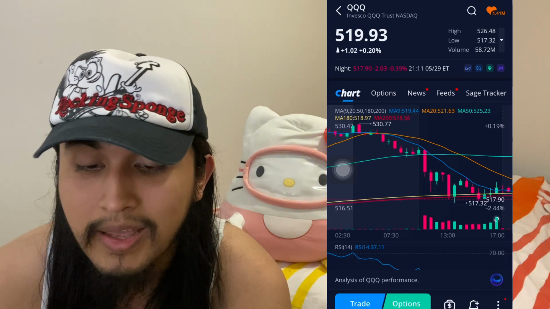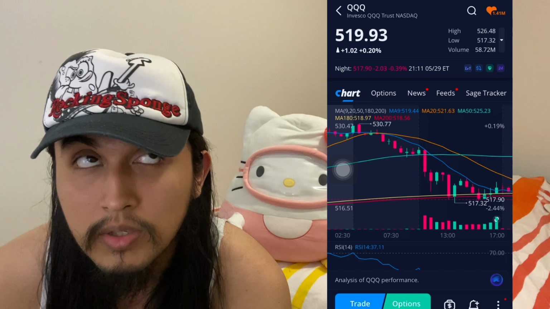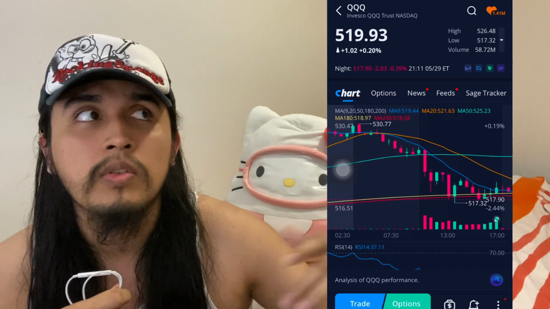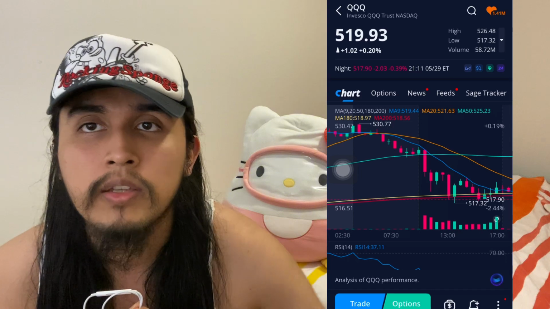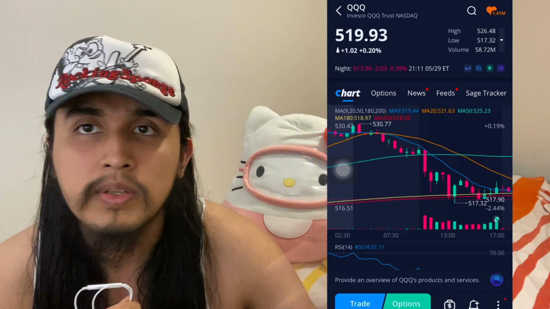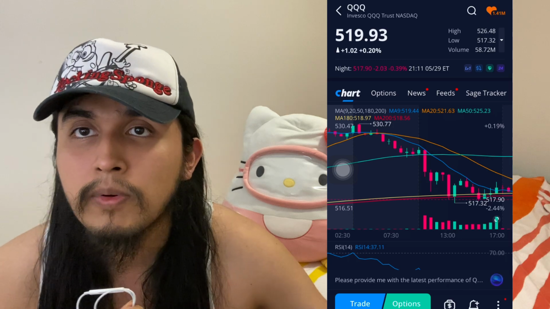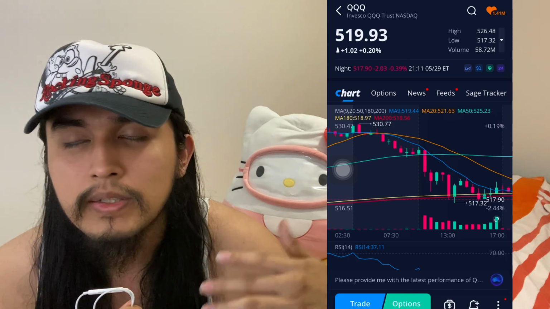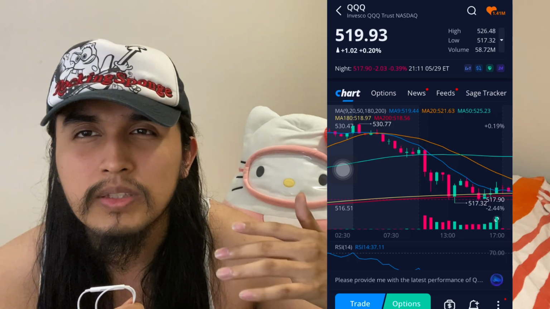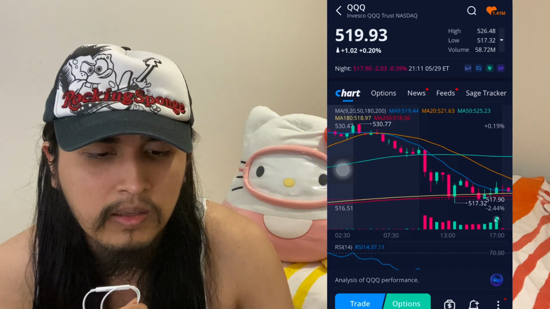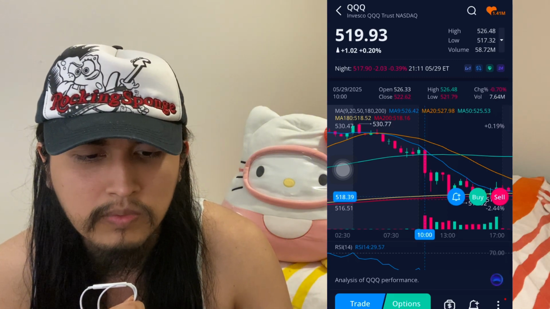After the rejection happens, you can patiently wait and see if it reaches the specific percentage target that you want to reach that day. If you wanted a 5% gainer, you could have sold out for a 5% gainer. If you wanted to sell out for a 10% gainer, that could have happened realistically since it made a huge move to the downside.